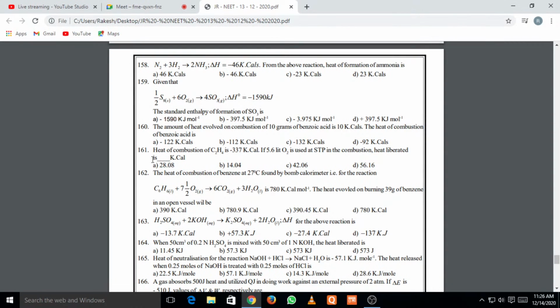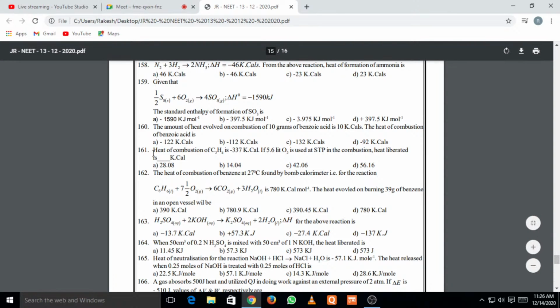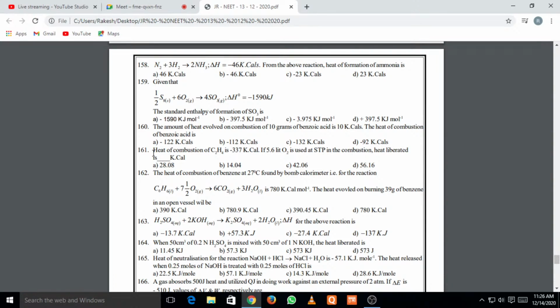Heat of combustion of ethylene is this much. So if 5.6 liters of O2 is used at STP conditions, what is the heat liberated? Now first write down this equation. Ethylene C2H4 plus 3O2 gives 2CO2 plus 2H2O, delta H of combustion.